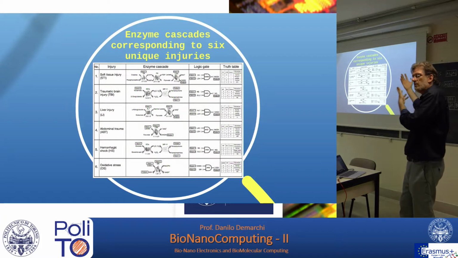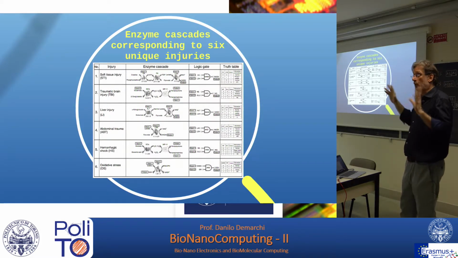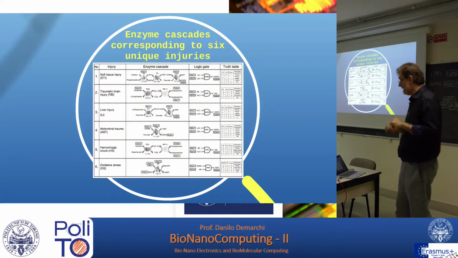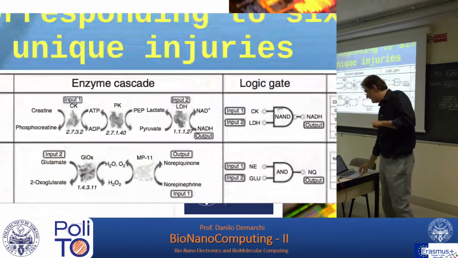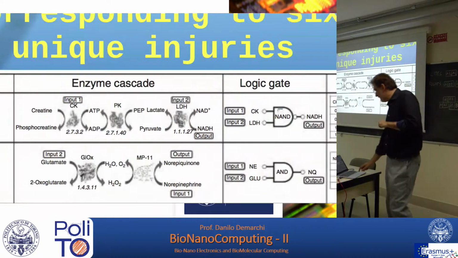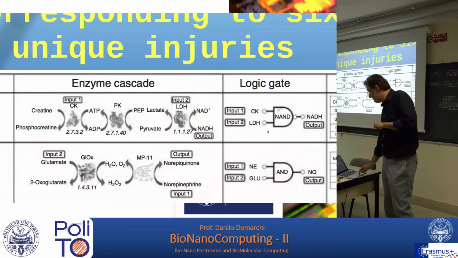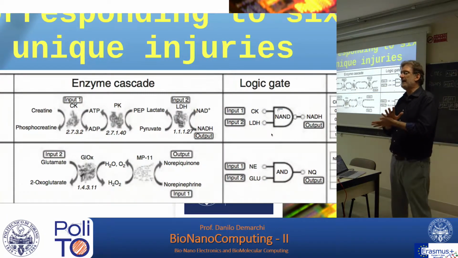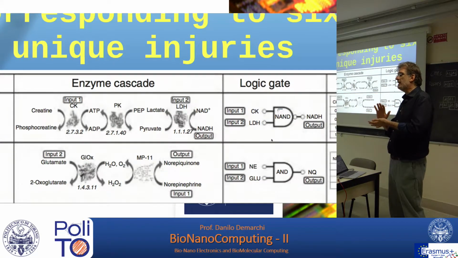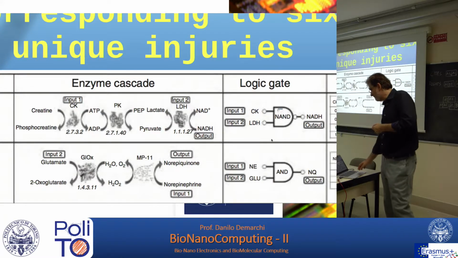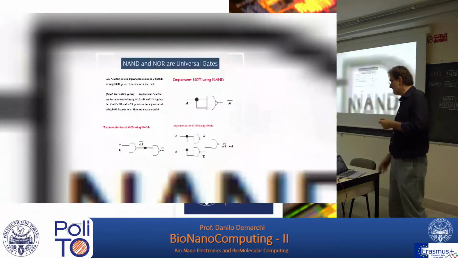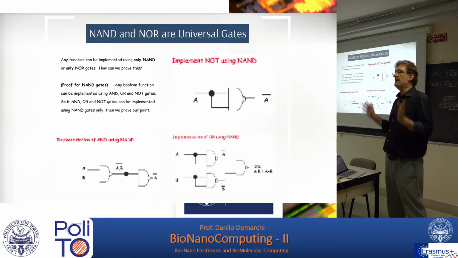I don't go into details because it is not the case. What I want to show you in this example is that these guys really built a very complex system. I want to go into detail just on this first cascade where they built a NAND gate. NAND, for those of you working more on digital gates, is a universal gate.